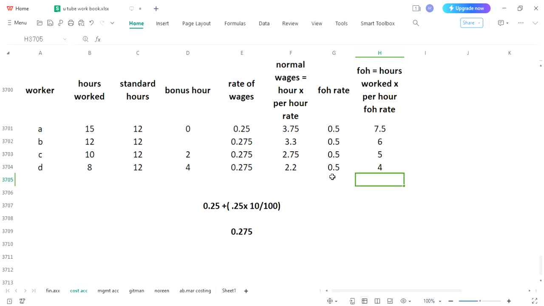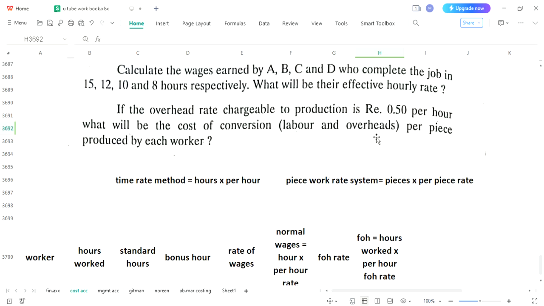So guys, we have calculated FH as well, and now we will be following the next requirement of the question, under which we will see what is the cost of conversion. As we have discussed earlier, conversion cost is the sum of labor and FH.